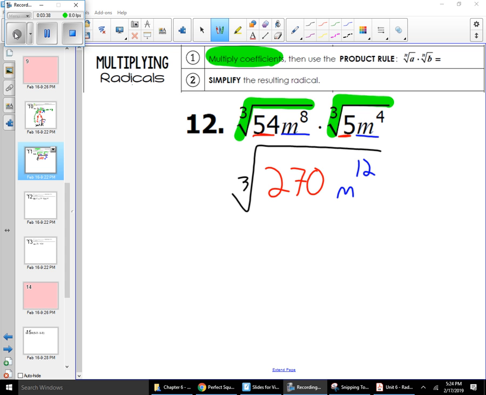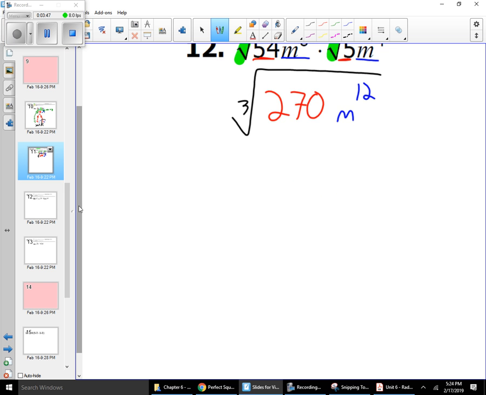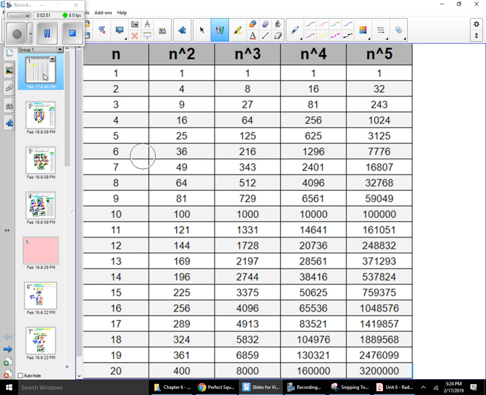Again, to multiply those powers, we're adding the exponents. So we can simplify this one. 270, if you're not as comfortable with your perfect cubes, remember this cheat sheet is here to help you. We're talking about cubes here. So we want to find one of these numbers that divides evenly into 270. Conveniently, it's going to be 27 times 10.